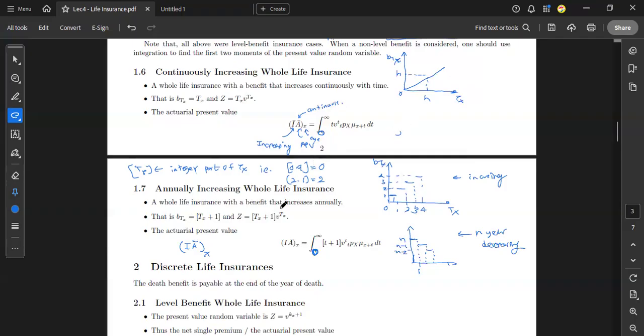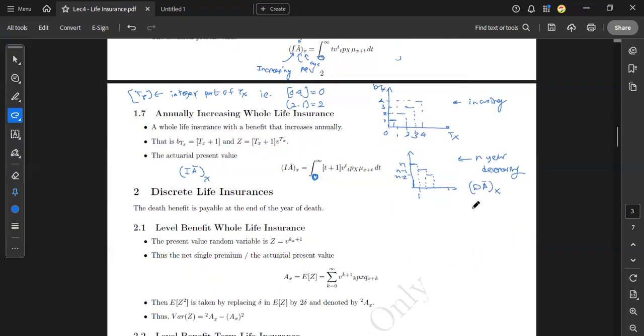The only difference is, for this case, it's decreasing annually. So we don't have bar here, but benefit is paid at the moment of death and purchase age is X. So that's how we denote it.